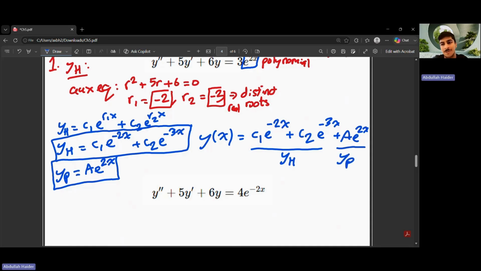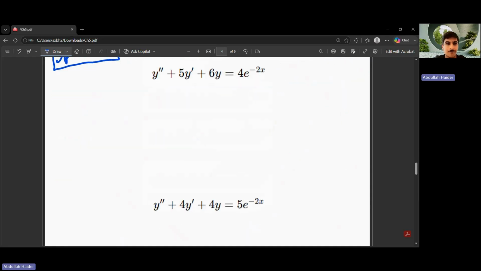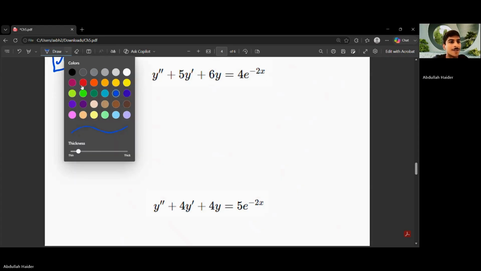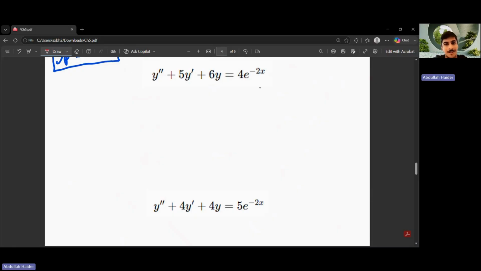Now you might still have confusion about yp, but I'll explain it further here. So you have 4e power -2x on the right side. This is not a homogeneous equation. So what we have to do is find the homogeneous solution and the particular solution, because we have an exponential over here.